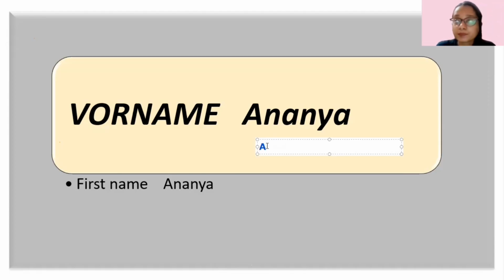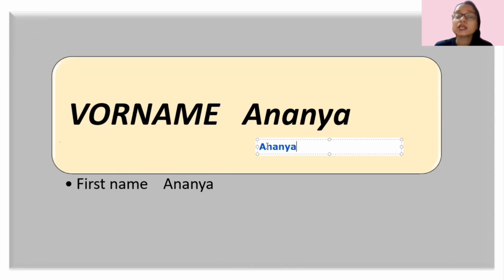It starts with A. So A in German is A, N, A, N. Y in German is Y, ja. So how will you spell this? A, N, A, N, Y, A.